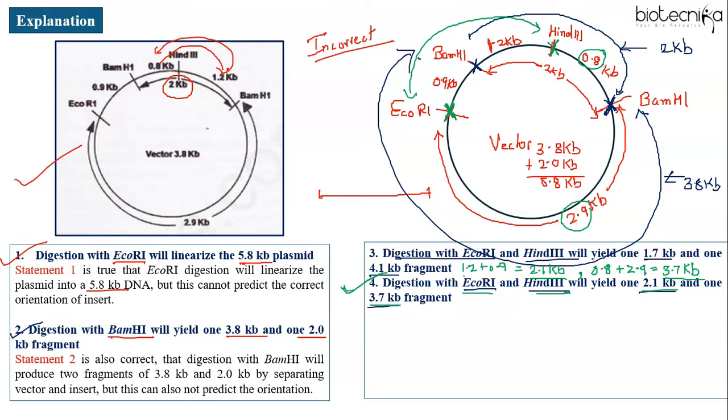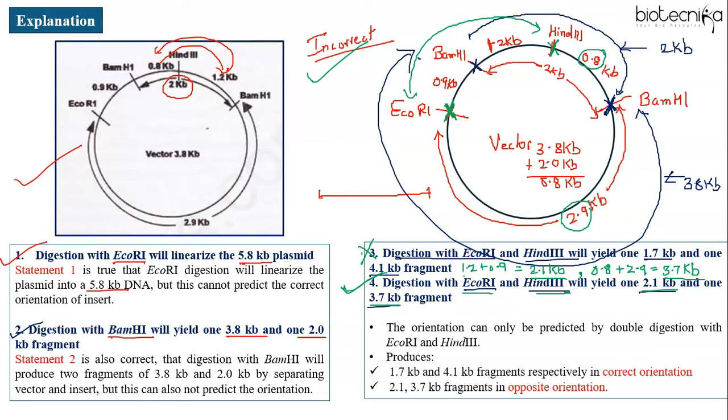So statement 4 is correct and statement 3 is incorrect, and because in the question the incorrect statement is asked, the answer is option 3. So practice drawing the figures and labeling the figures, and carefully check where you have to perform the digestion and what size fragments you will get.